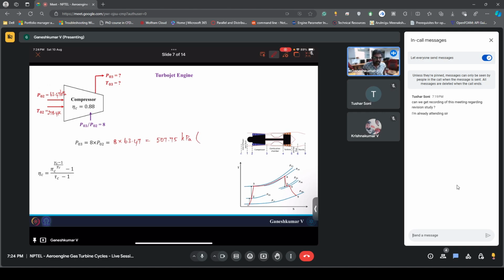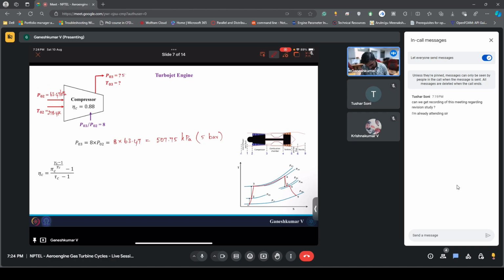I'm just moving on because these are basic calculations that I'm sure you can easily do. This is around 5 bars, the highest pressure that you will reach in this turbojet engine.